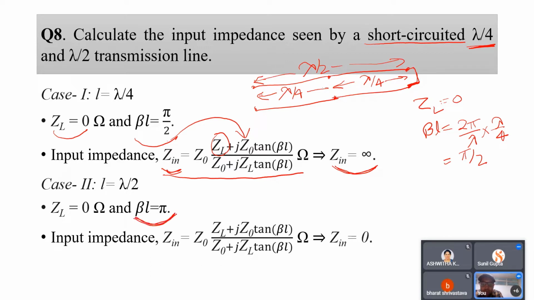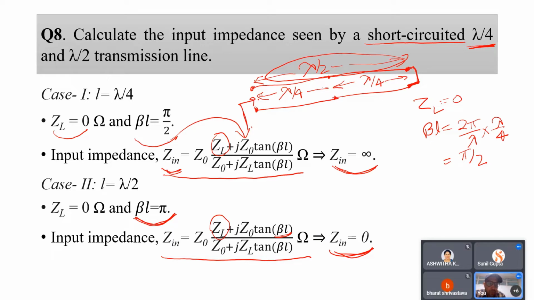First of all you can calculate the value of beta L. It will now change to pi. So the input impedance is Zin equals Z naught, where ZL will be 0 and beta L will be pi, so this will come out to 0. Once you short circuit the load end of the transmission line, for lambda by 2 length of this transmission line, the same will be observed at the input end.